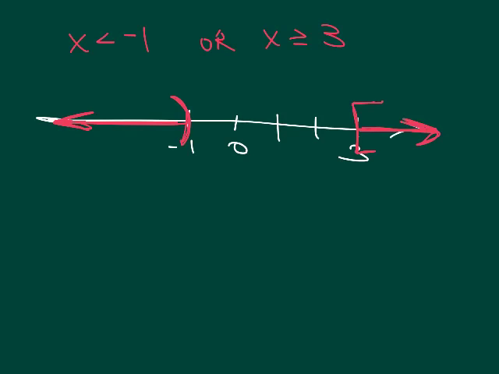All right, how would you write this in interval notation? Just together or separate? Okay. What you would do here is you would go negative infinity, -1, round, round.